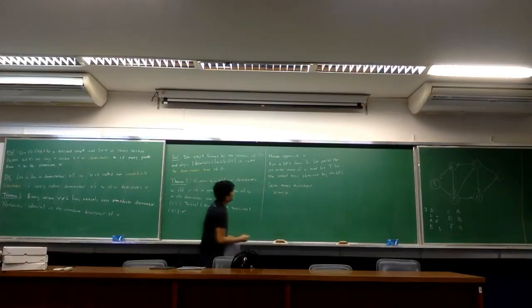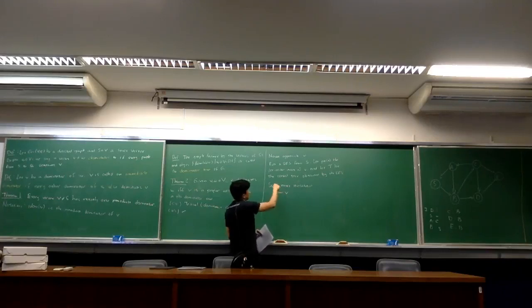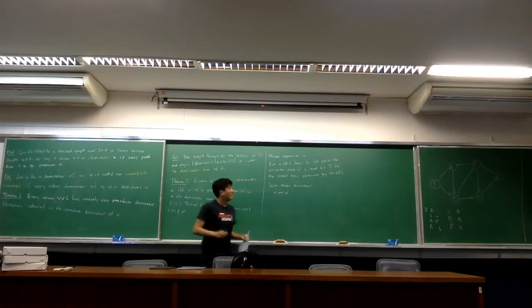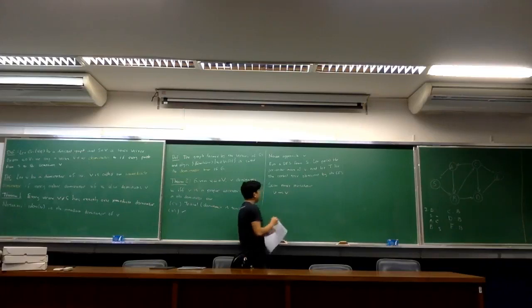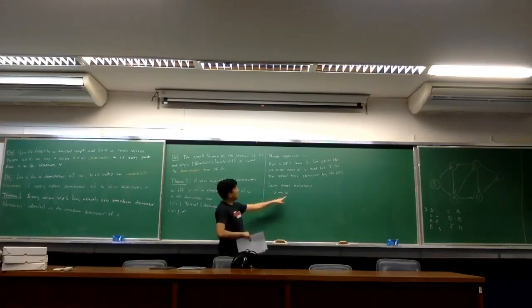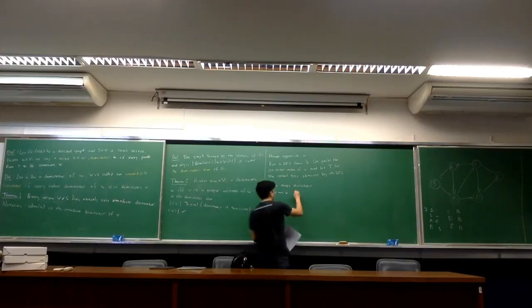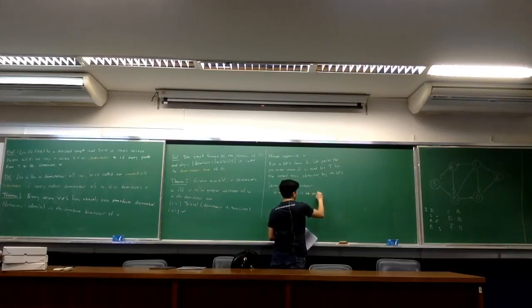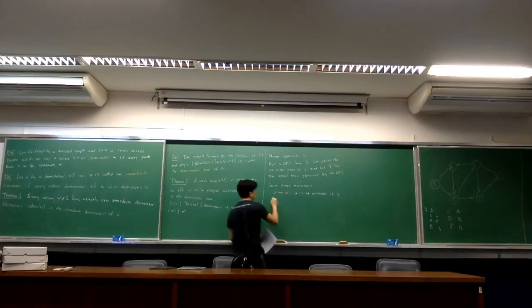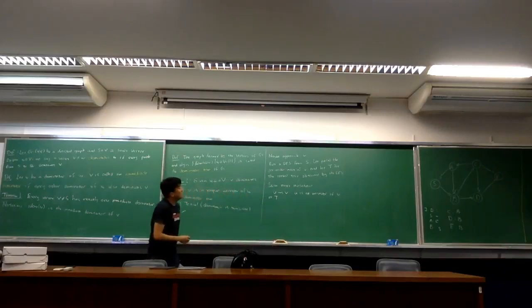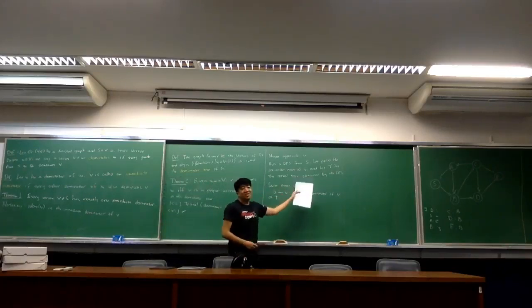I'm going to denote by U arrow V if U is an ancestor of V in T. Keep in mind that now I'm talking about the DFS tree, not the dominator tree.